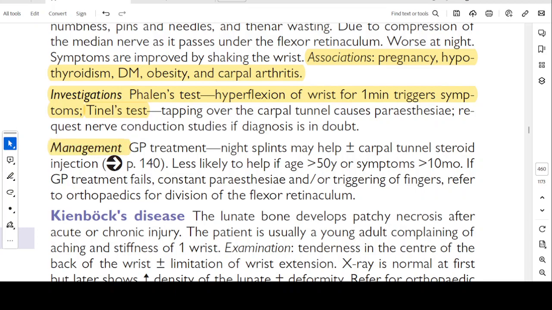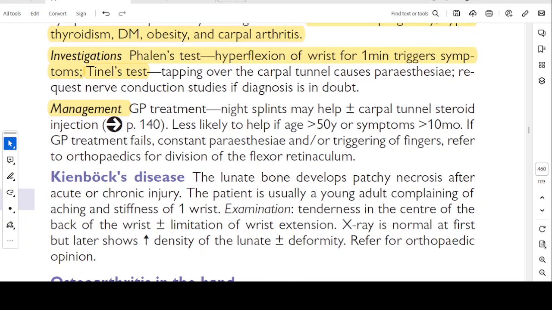Management. GP treatment: night splints may help plus or minus carpal tunnel steroid injections.